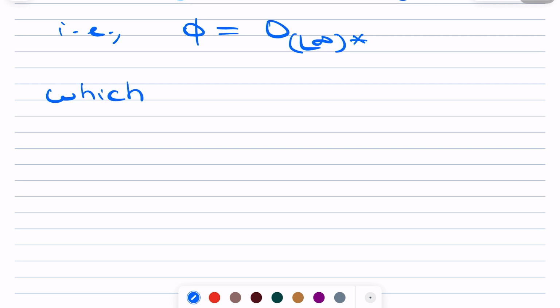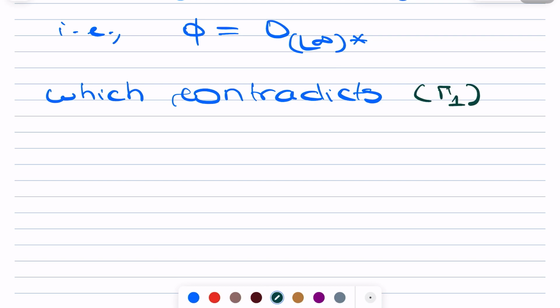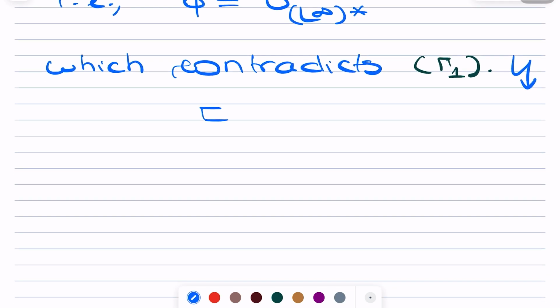It's a contradiction to the fact that phi is the extension of phi 0.